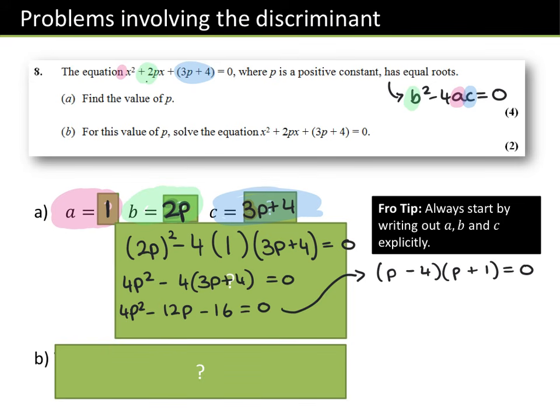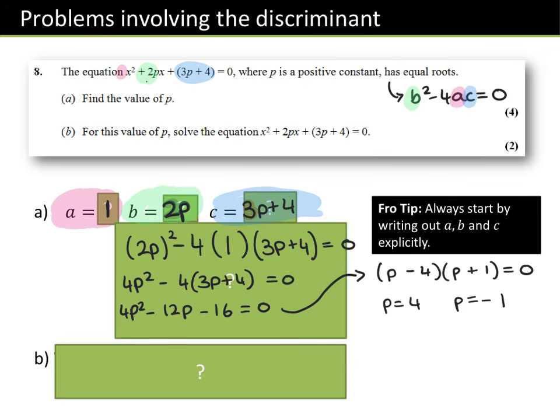I was doing this in my head; you can do this on a calculator. So p equals 4 or p equals minus 1. Nice and easy, 4 marks right there for doing that, and I expect you to show all of these steps.